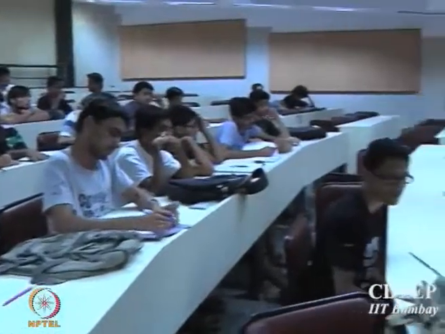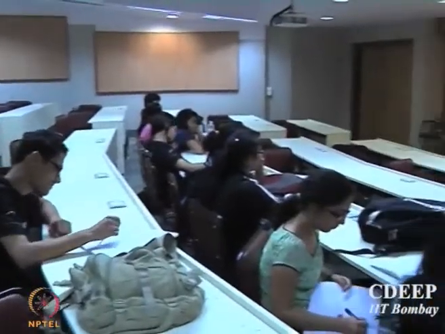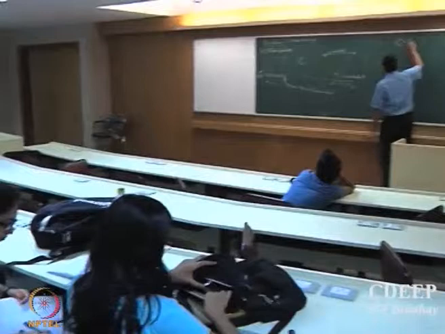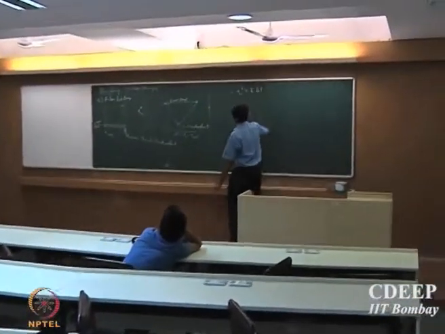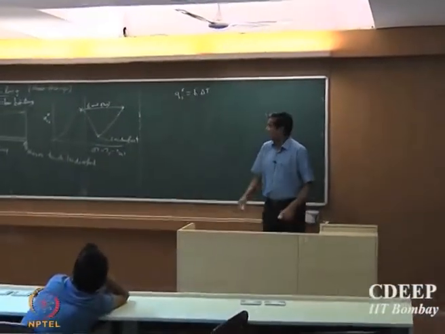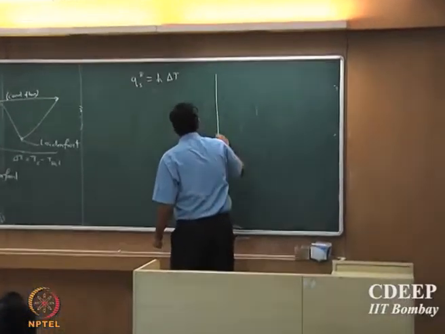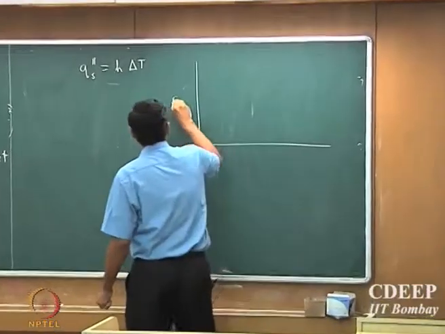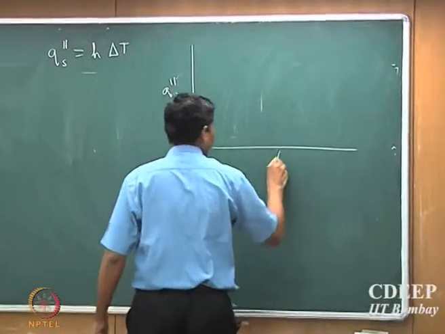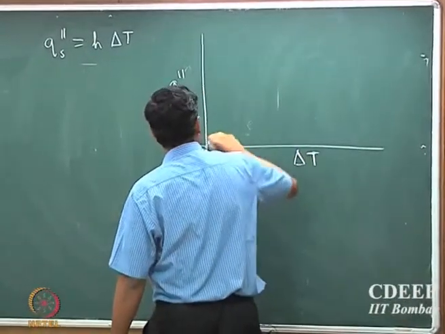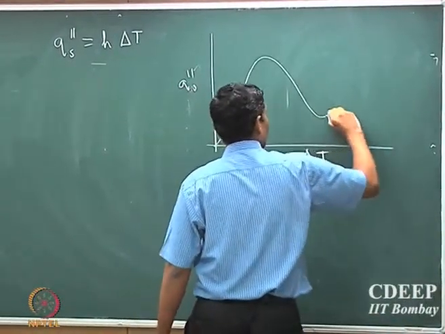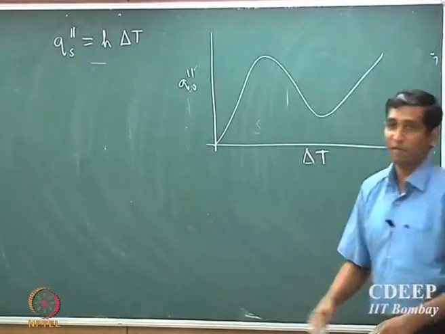So the flux of heat transport should be the heat transport coefficient multiplied by delta T, right. Now if I draw Qs versus delta T, I basically have this behavior.